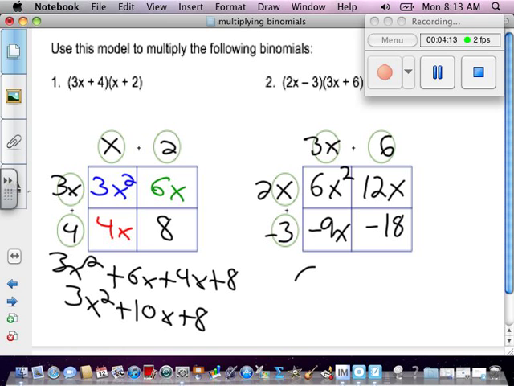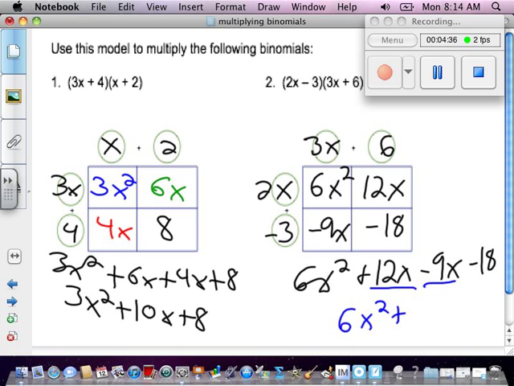I'm going to go 6x squared plus 12x minus 9x minus 18. Which two are my like terms? 12x and negative 9x. So I get 6x squared plus 3x minus 18, and I'm done.